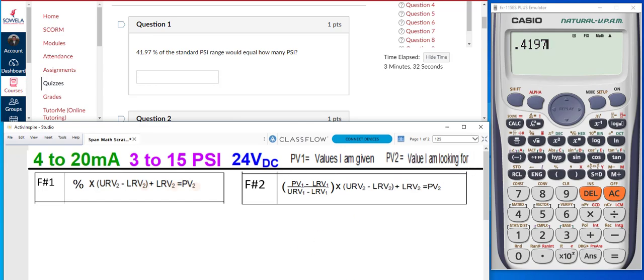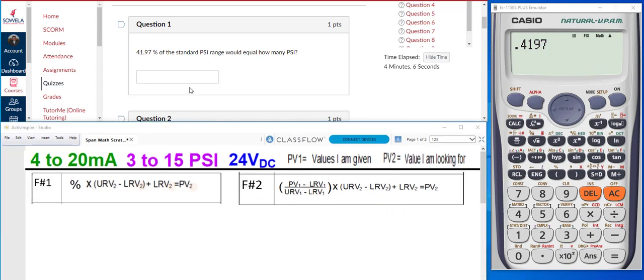So what value am I looking for? In this case, I'm looking for PSI. So my number 2 numbers here would be PSI. So it's 0.4197 times (15 minus 3) plus 3.